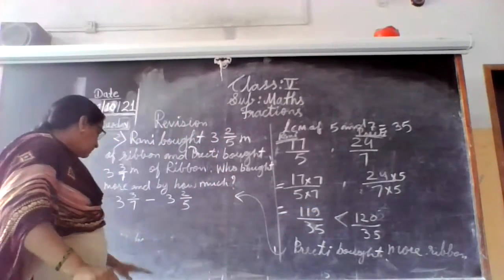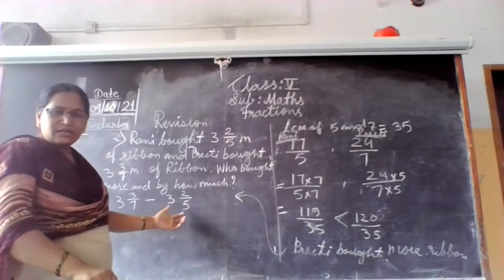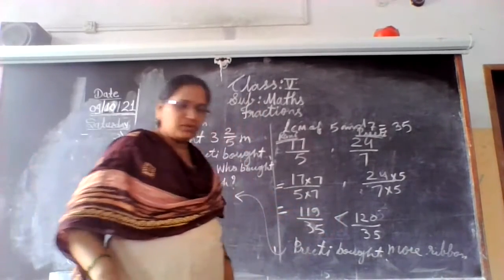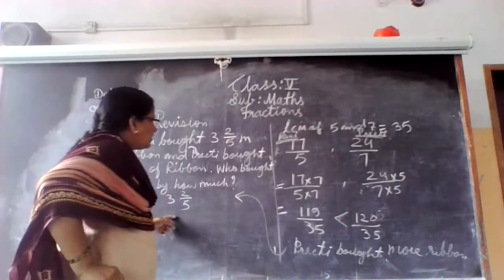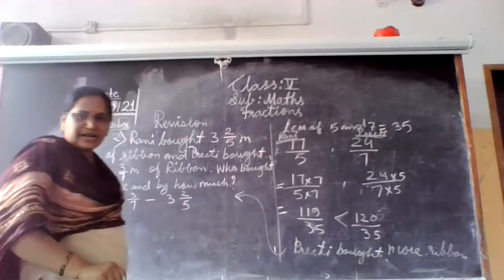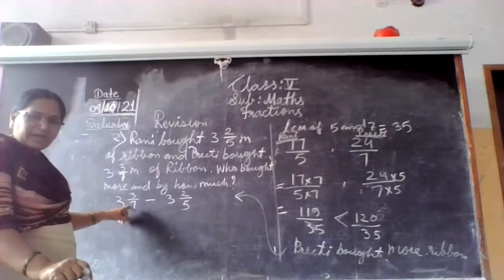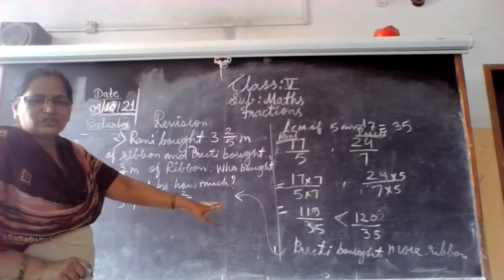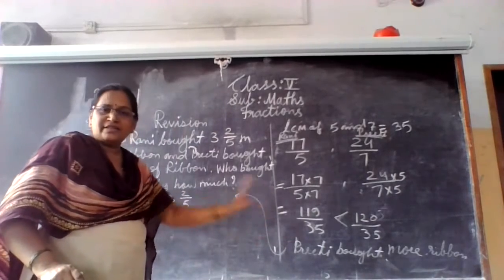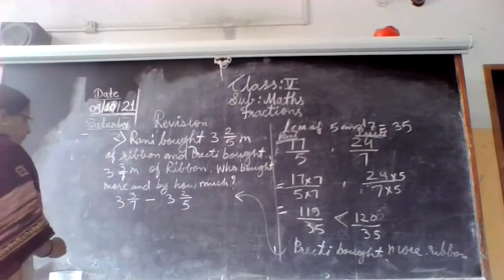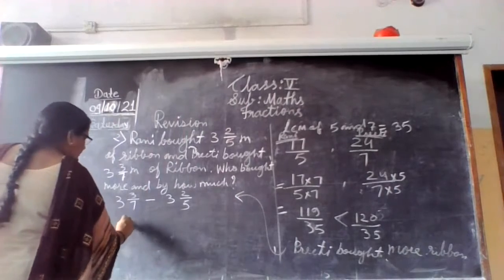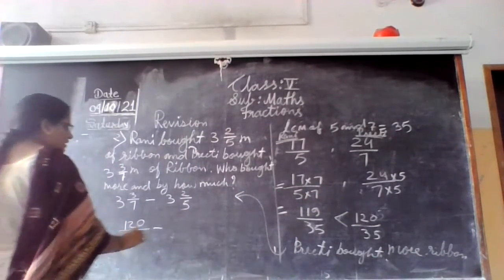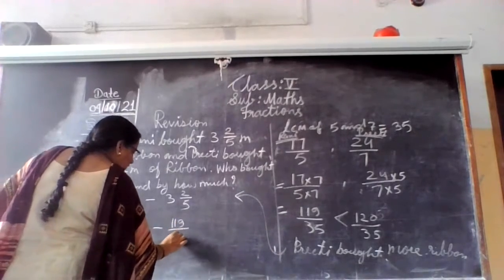After making the denominators same, our fractions are 120 upon 35 and Rani's fraction is 119 upon 35. We already did the conversion, so no need to do the same thing again and again. It is 120 upon 35 minus 119 upon 35.